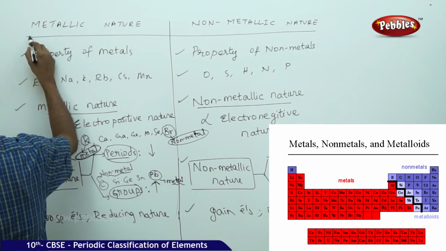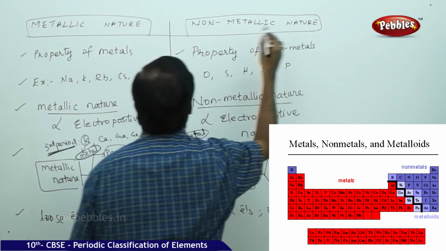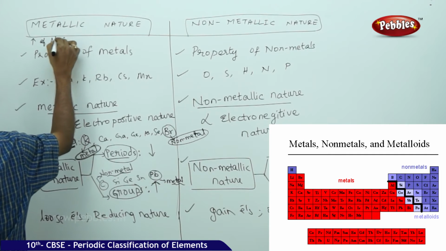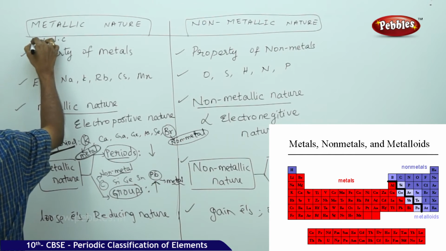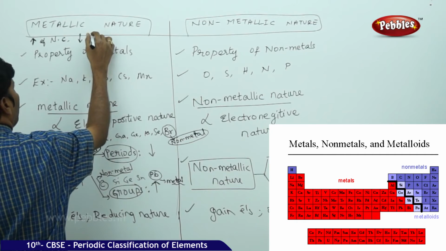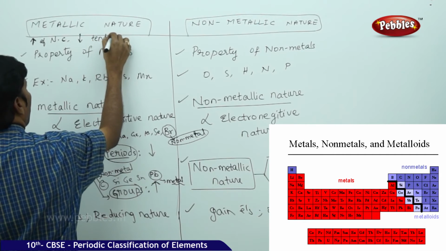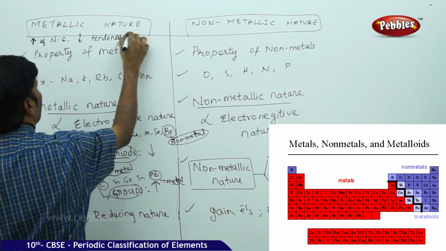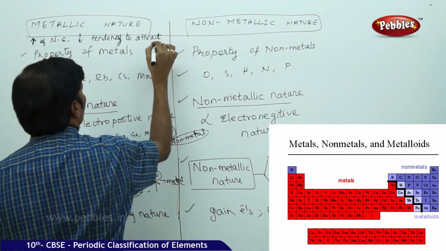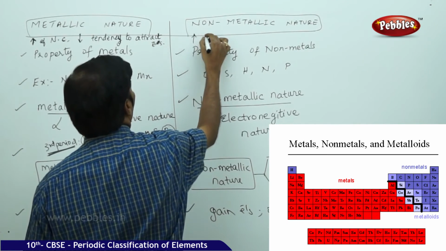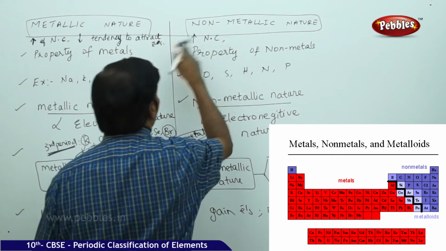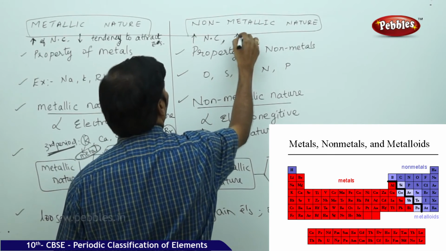Moreover, one particular point you can highlight here is that increase of nuclear charge decreases the tendency to attract electrons, whereas in both metallic character and non-metallic character there is an increase in the nuclear charge.